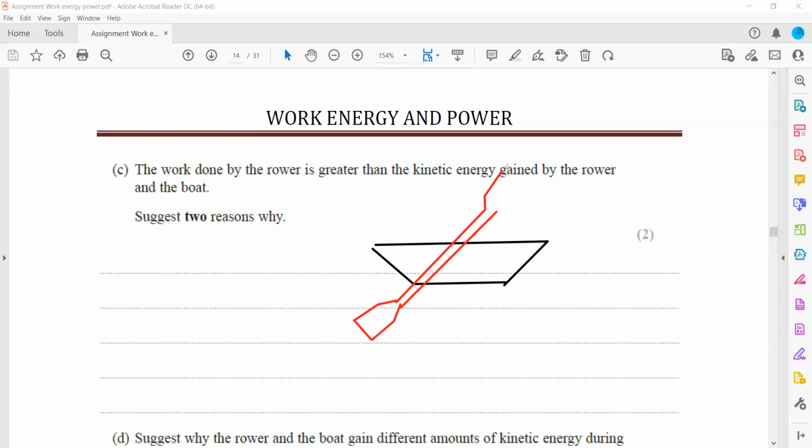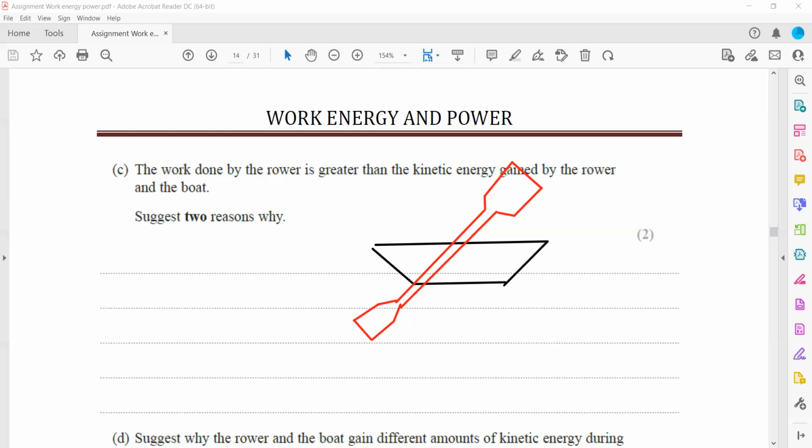What is the reason for that? For every stroke he produces more energy, but the result is a smaller amount of kinetic energy. There is always drag, or friction, or resistance from the water.